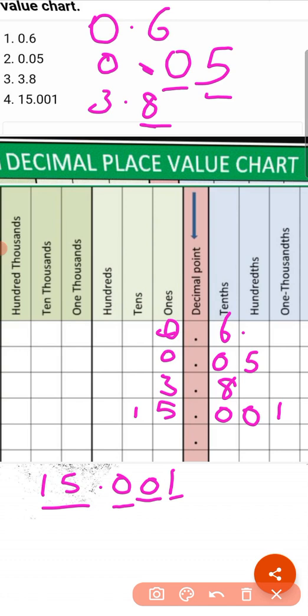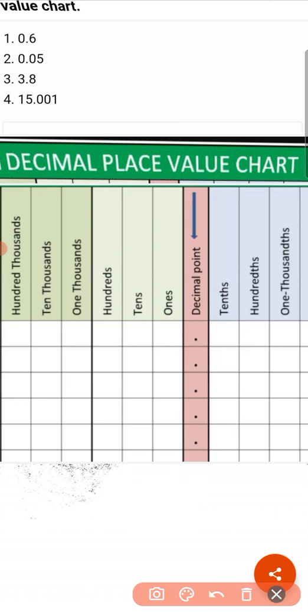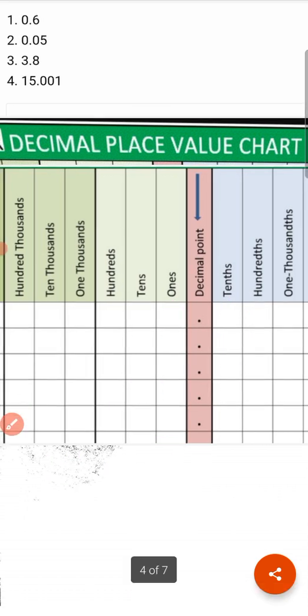And in 15.001, we start from the whole number part. So 5 at ones place and 1 at tens place. Whole number part is over. Now coming to the decimal part, 001. 0 at tenths place, again 0 at hundredths place, and 1 at thousandths place. Okay. Let us do more examples, children.